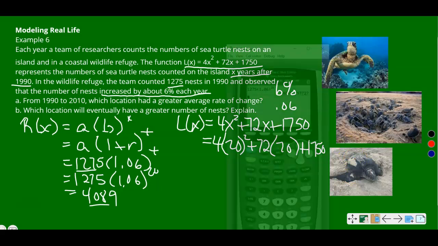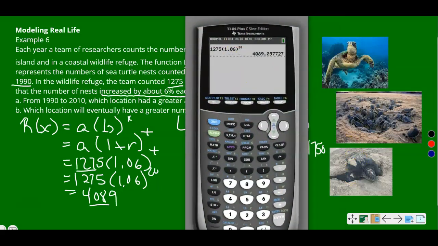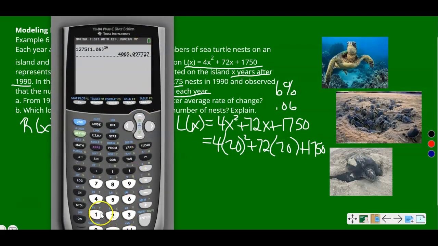All right, and using our calculator again, let's see what that value is. Let's see if I can type it all in at one time. So 4 times 20 squared plus 72 times 20, and then plus 1750.